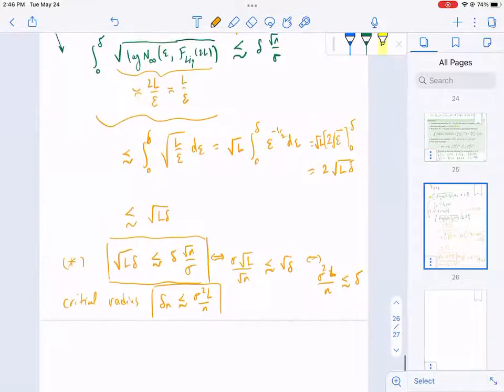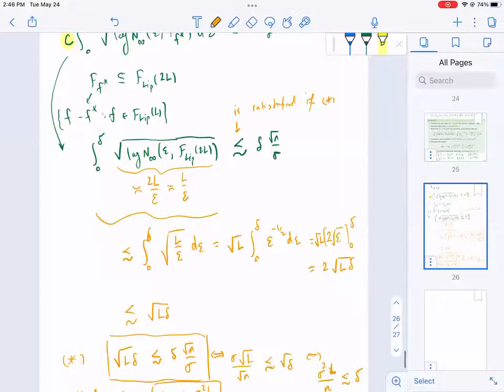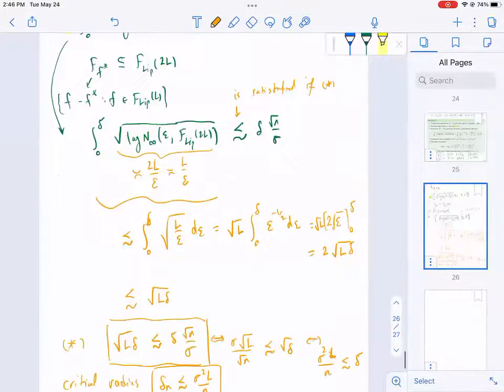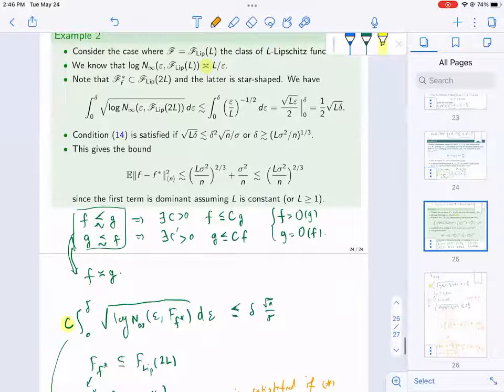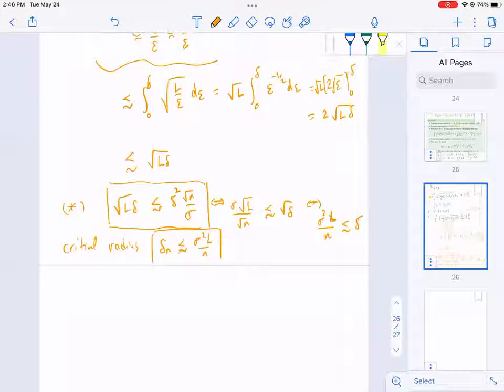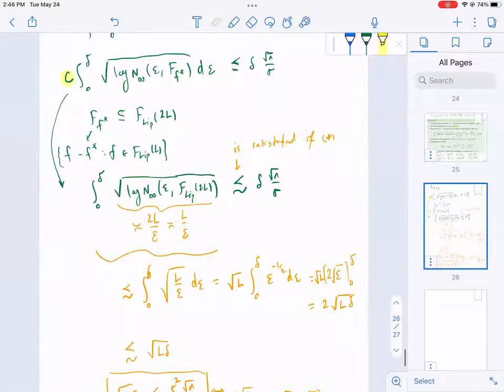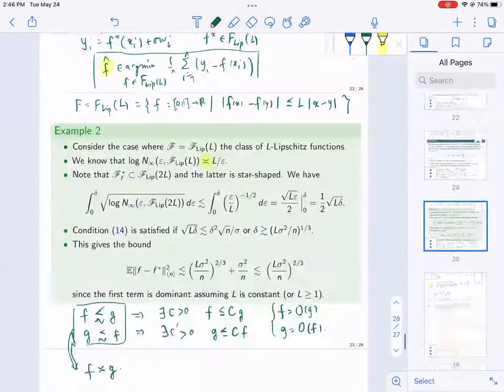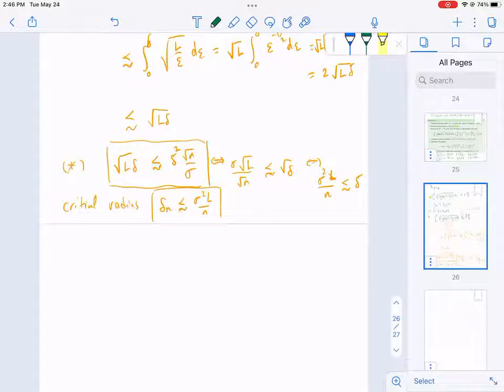I'm going to plug it into... did I make a mistake here? I made a mistake somewhere. Oh, there's a square here. You missed the square. There should be a square. This was too good. Yeah, there's a square here. So what would happen if I simplify? This would be 2 minus 3 over 2, right?